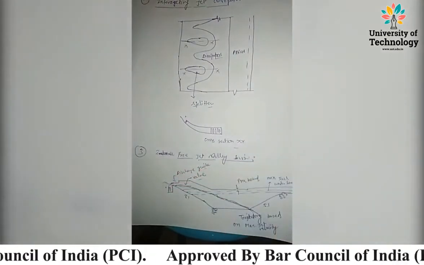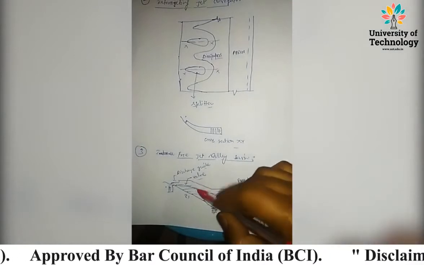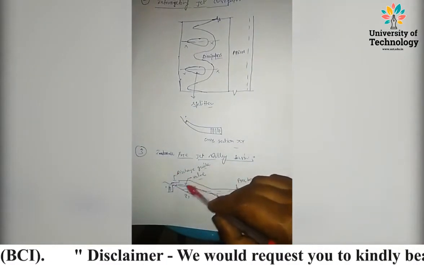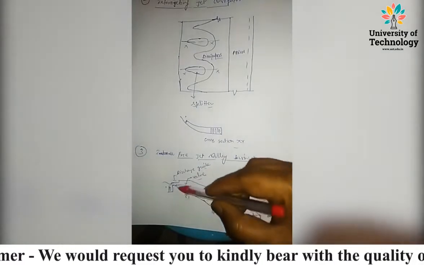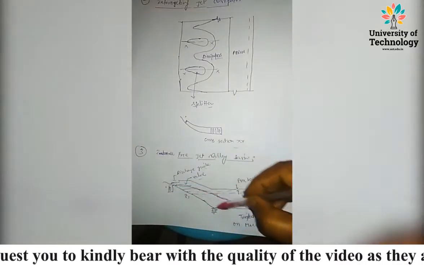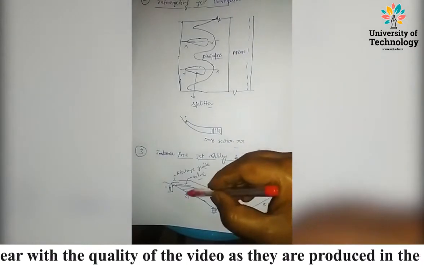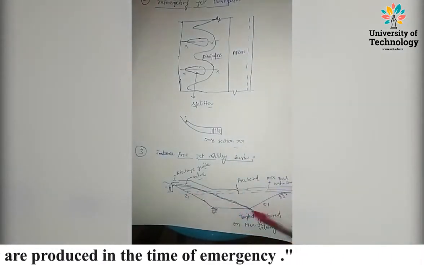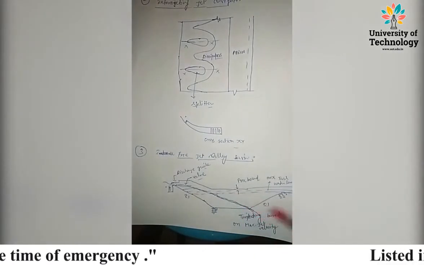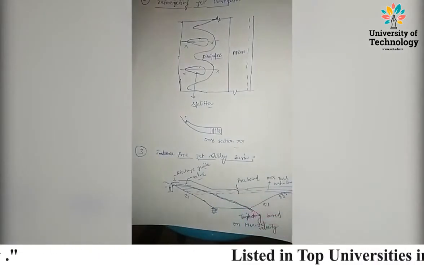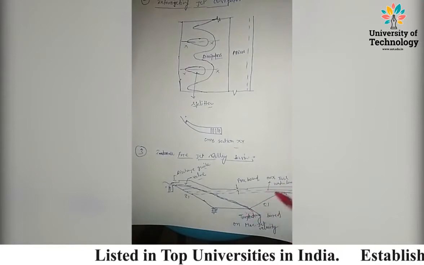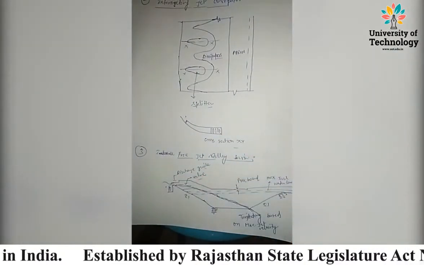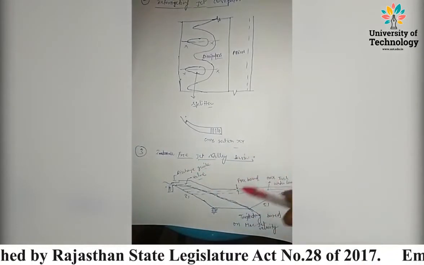Gates are provided to regulate the water flow, and walls are also there. This apron should be at a slope of 3:1, and the same slope should be provided at the downstream side after the hydraulic jump phenomenon.